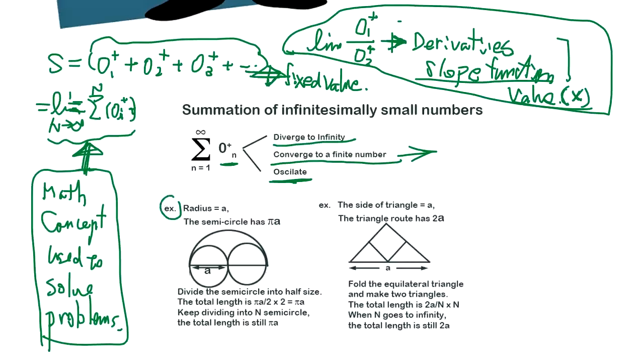Look at the example. Radius A, you have a circle, a semicircle. You divide that into two small semicircles. So this is the circumference of the semicircle.